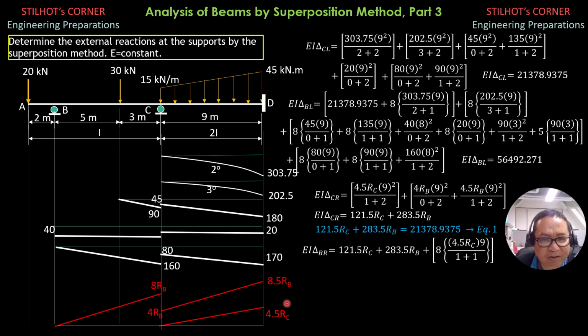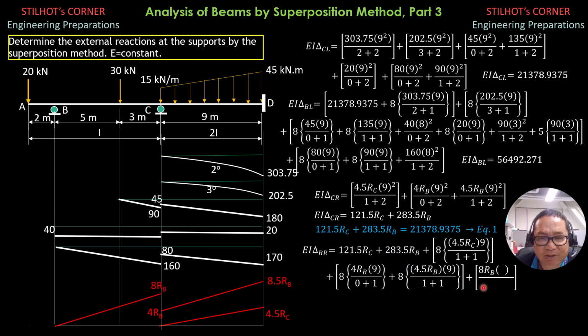Then for the couple, plus 8 times 4 RB length 9 over 0 degree plus 1. And for this 4.5 RB times length, so 8 times 4.5 RB times length 9 first degree plus 1. Then for this part here, it is direct deflection at B. So 8 RB, 8 square over 1 plus 2.